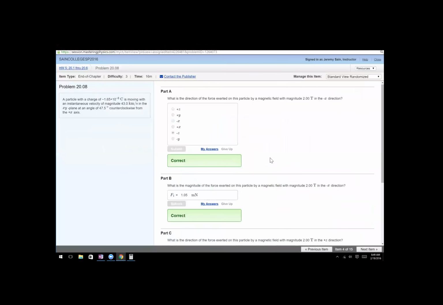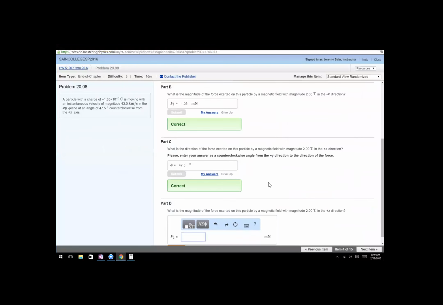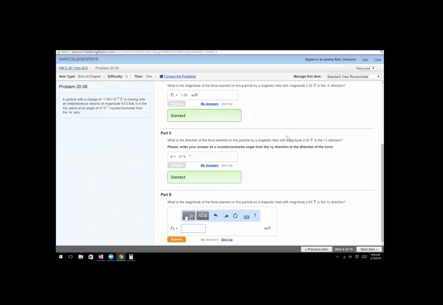Make it smaller so I can actually enter the answer. 1.42.